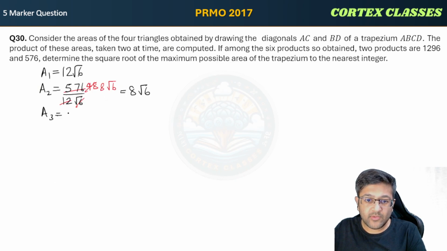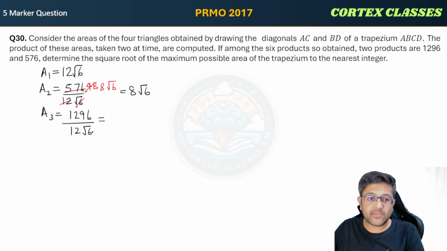So that will give you 1296 divided by 12 root 6. तो guys 12 will cancel this for 108. 108 को आप 6 पे cancel करोगे तो 18 root 6. Okay, let me show you. So guys, this will cancel this for 108. 108, it is made up of 18 into root 6. Okay, so this will give you 18 root 6.